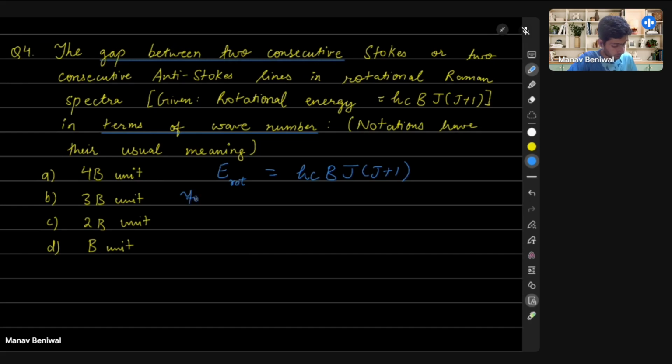So for the corresponding wave number, which is generally denoted by mu bar, mu bar is 1 over lambda, right?